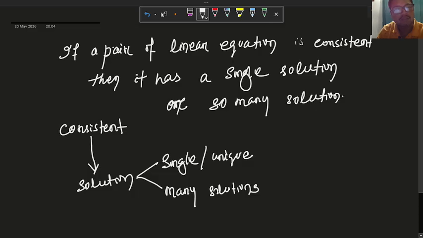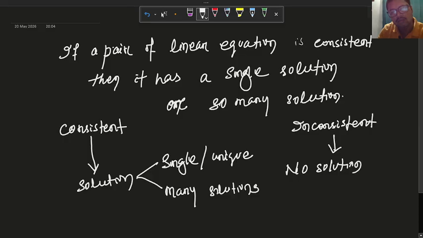Okay, if they are inconsistent, then there is no solution of the pair of linear equations.